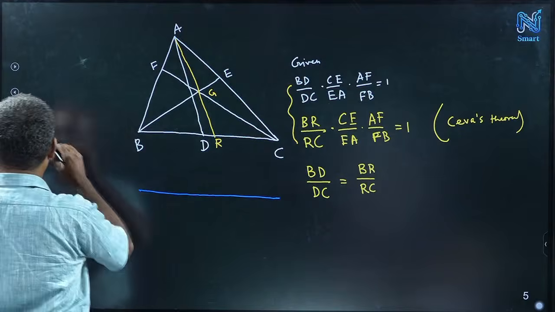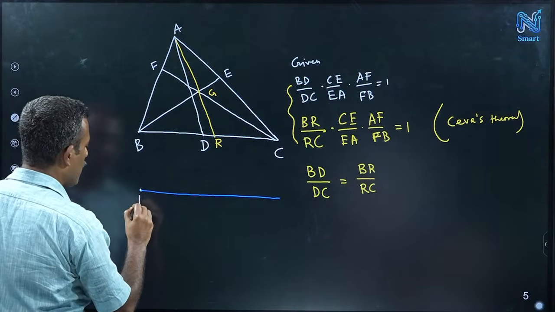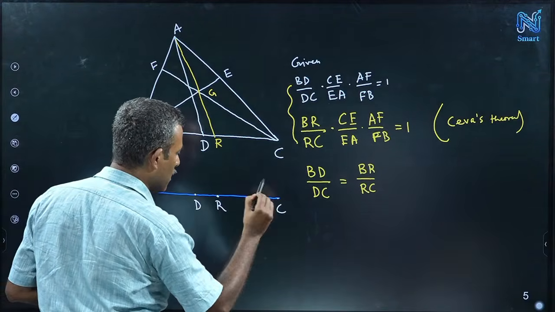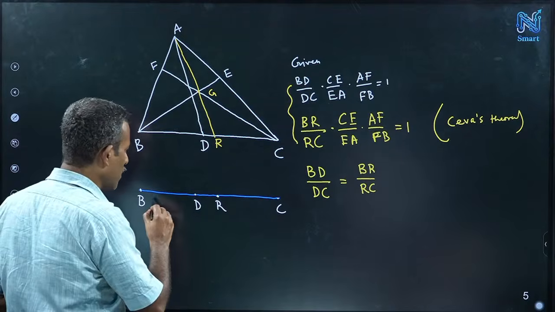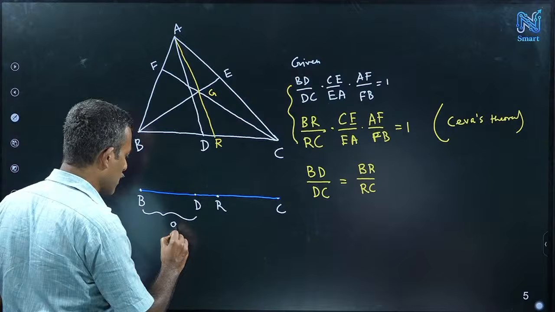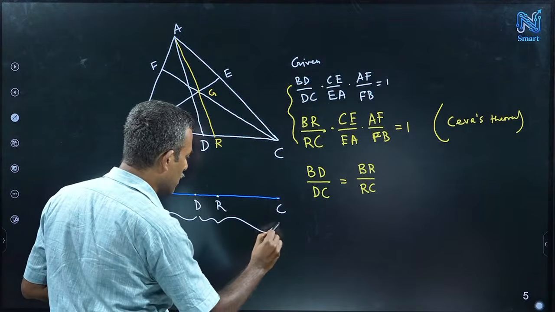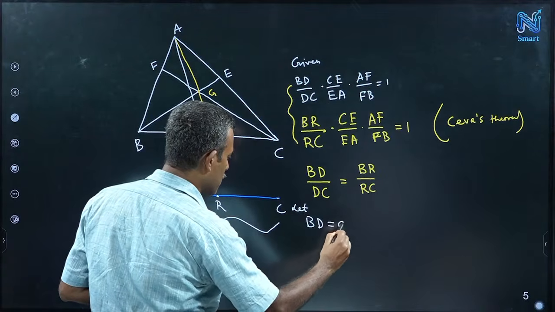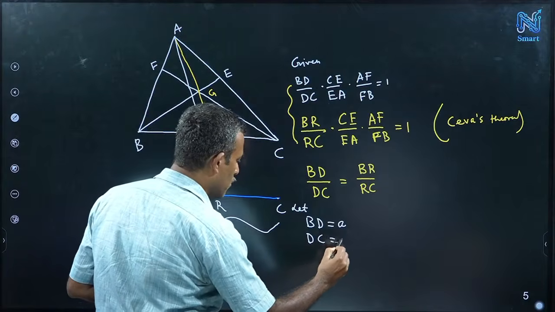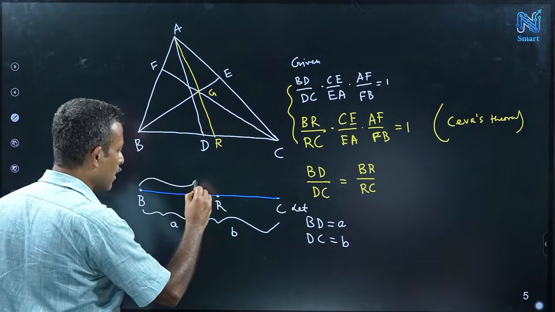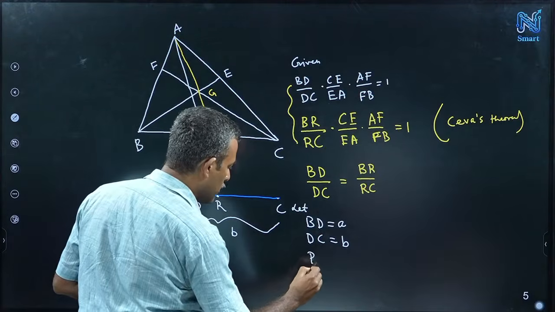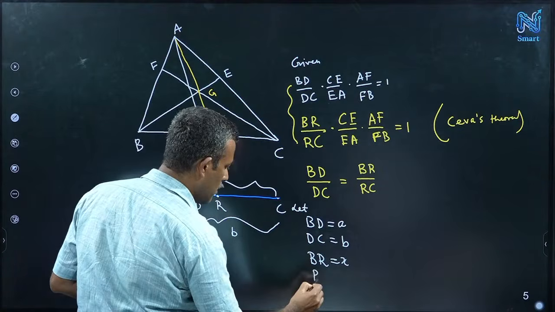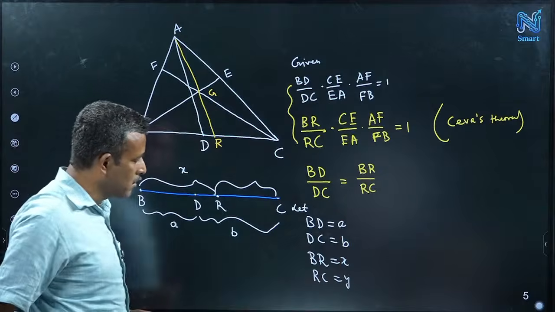The points are B, D, R and C. Let BD be equal to A, DC equal to B, and BR equal to X, and RC equal to Y.